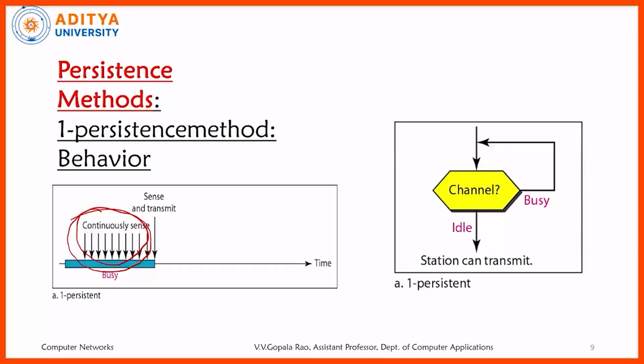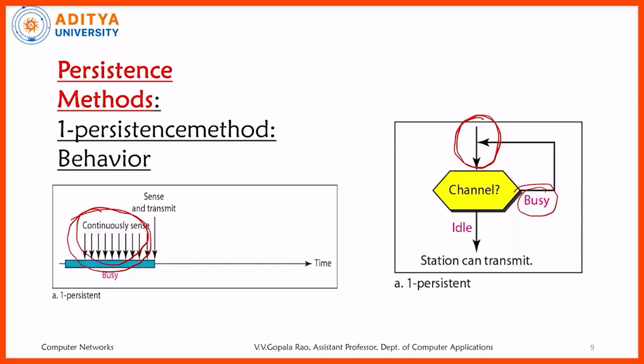If you see the flow chart, it is more clear. The actual flow of the process is shown here. Let us imagine the process of sensing is shown from the upper arrow. It senses the channel, and there are two options: the channel may be busy or idle.